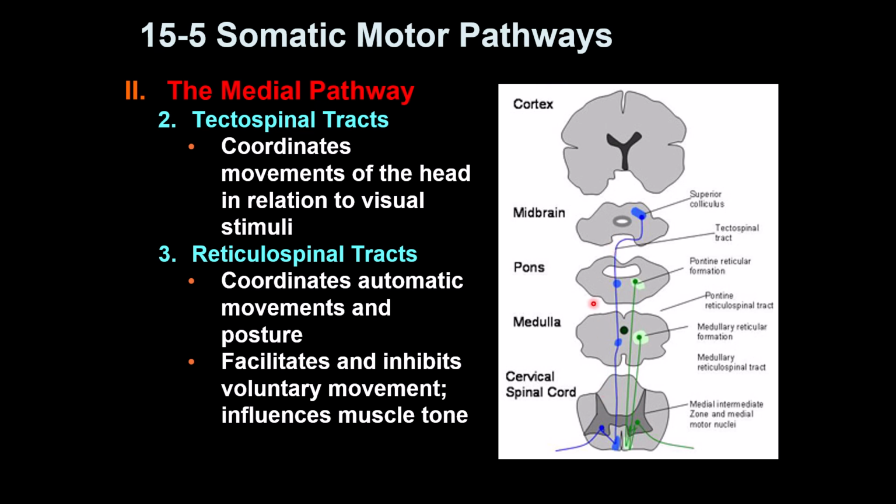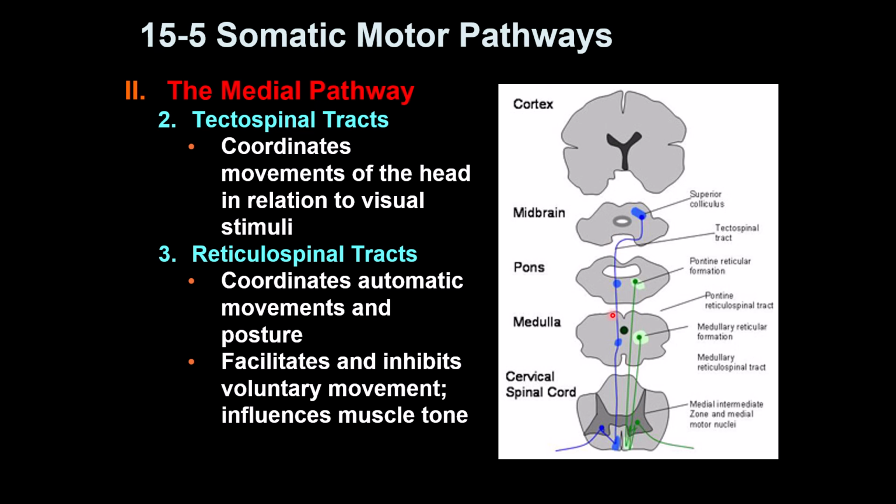And this is important for visual reflex. So for example, when you move your head and your eyes are also moving, that way you can see things better, and the object can focus on your retina. So movement of the eyes and the head are coordinated with each other. So this one actually crossed the midline.